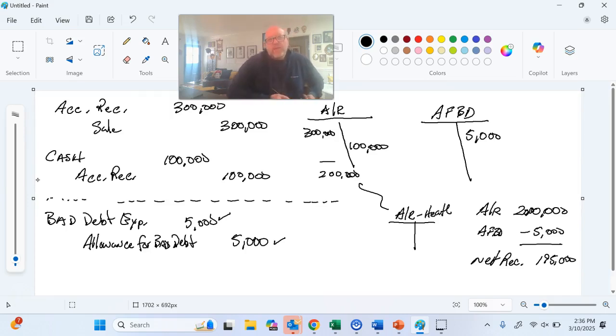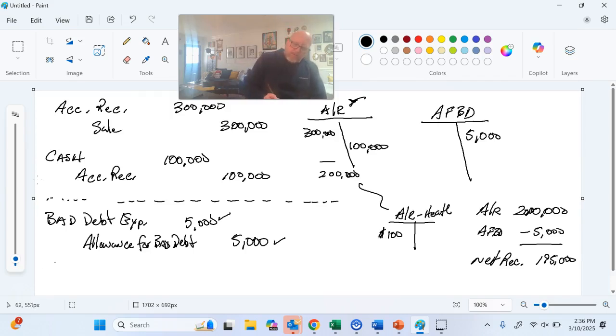Something tells me that person would pay, but let's just assume he's a deadbeat and he's not going to pay. In this subsidiary account, this particular customer owes us $100. And we have tons of different subsidiary accounts, all with various amounts that people owe us, but the amount that rolls up into the general ledger is the 200,000. So let's say it's time for us to write off Heath. How does that look?